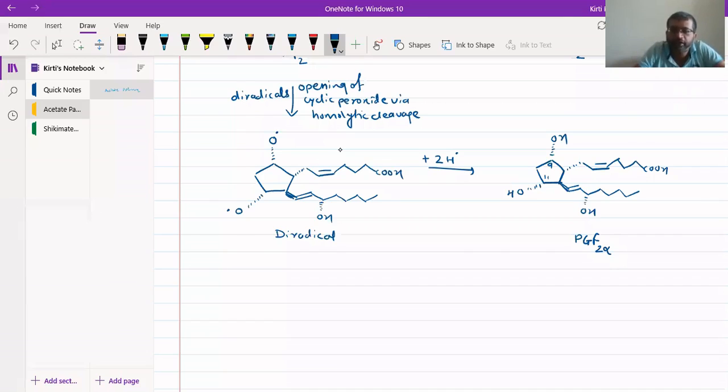Then we can have addition of one hydrogen atom followed by removal of one hydrogen atom.